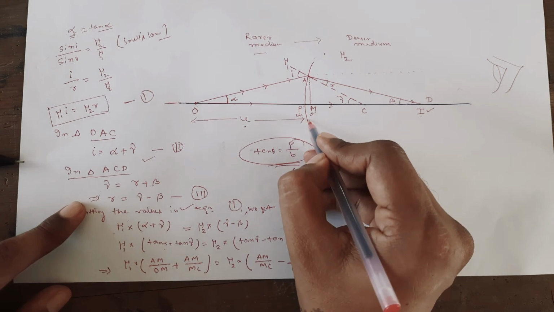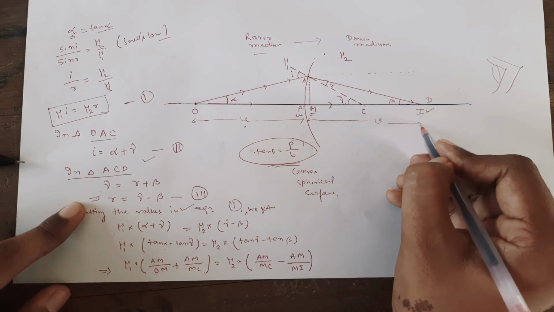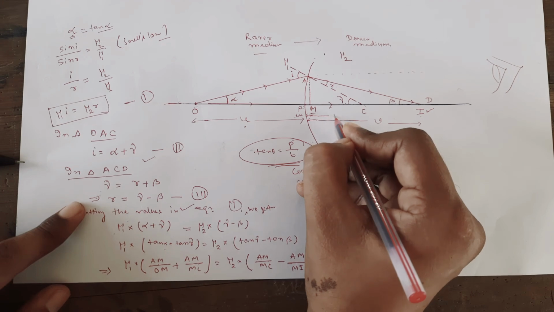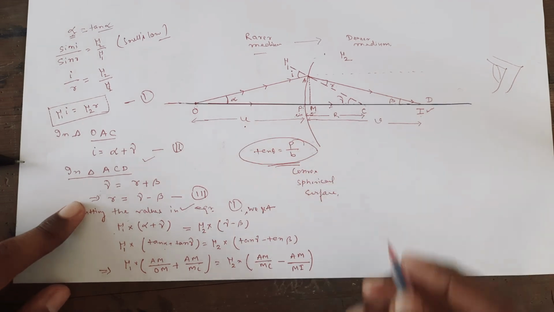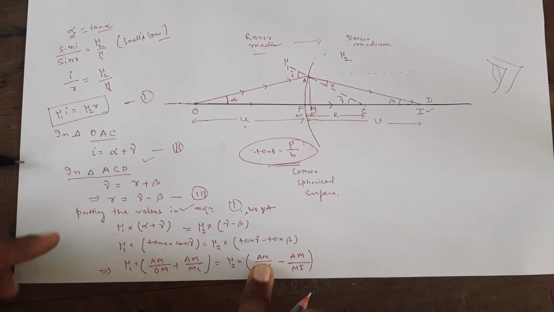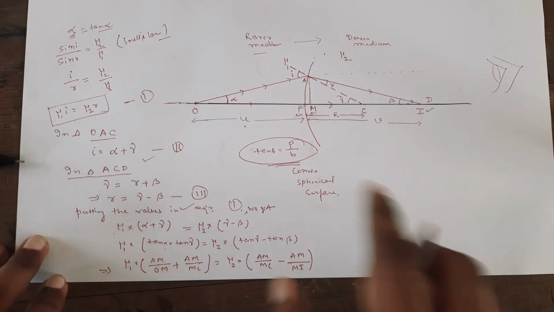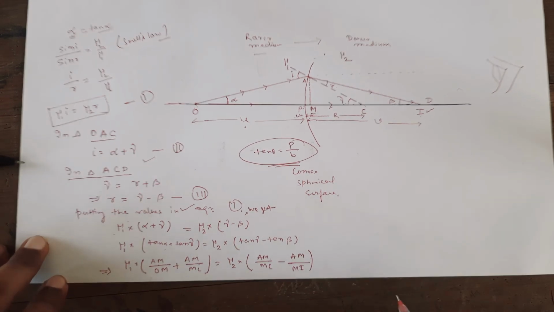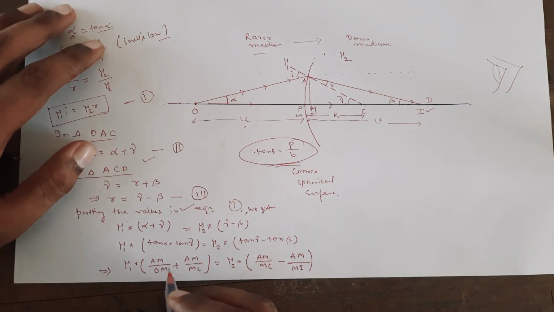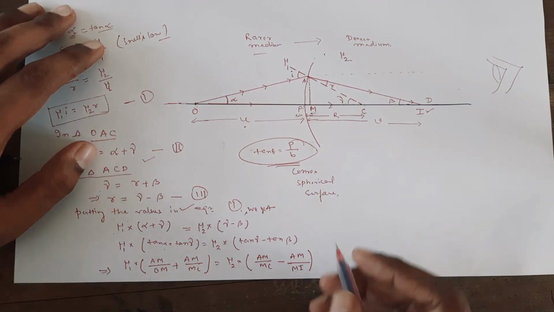Similarly, the distance of the image from the pole is v, and this distance is the radius of curvature. So all distances are measured from the point P, so we place P in place of M, so that we can write u, v, R. Putting the letter P in place of M, the equation becomes like this.